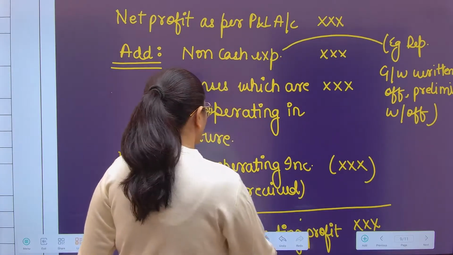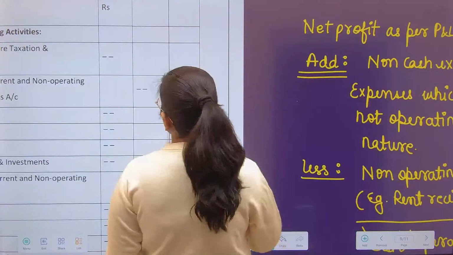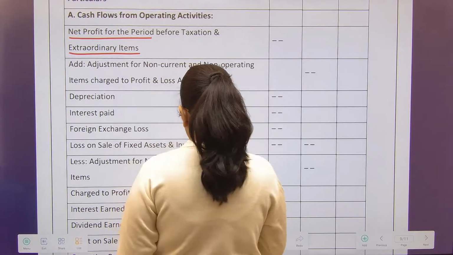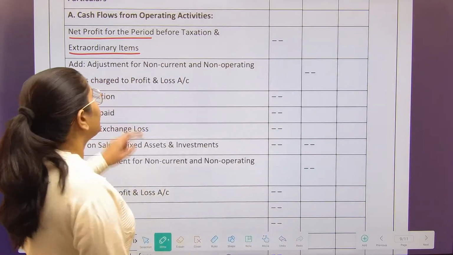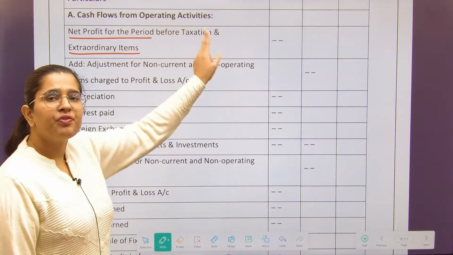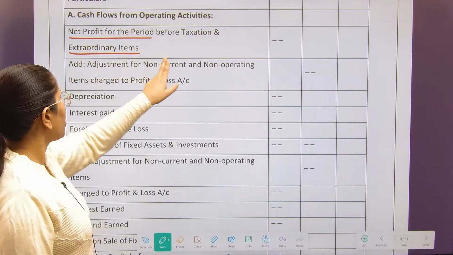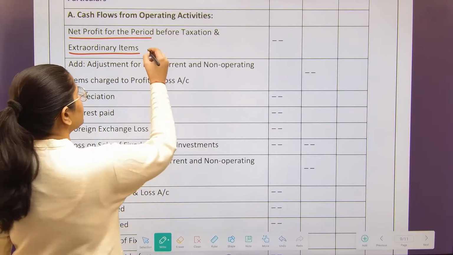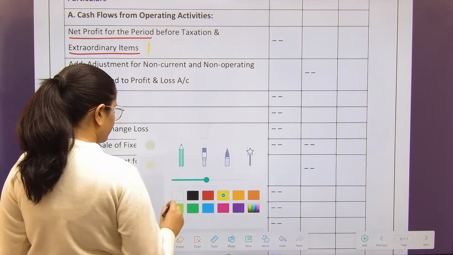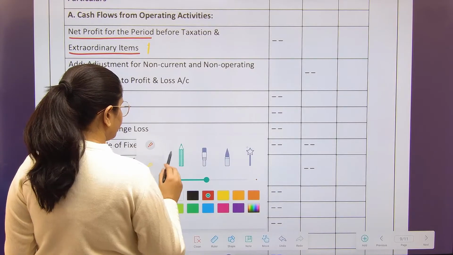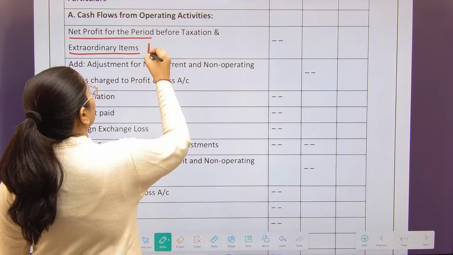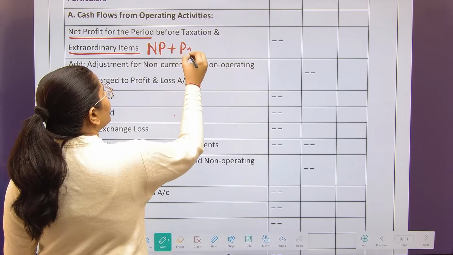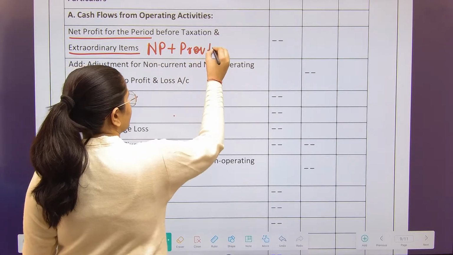So now let's move to the format and see. First thing, net profit for the period before taxation and extraordinary items. So what they are saying over here is you will be having net profit which is given in your P&L. Add in it provision for taxation.